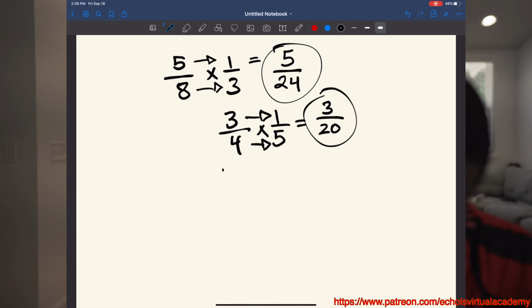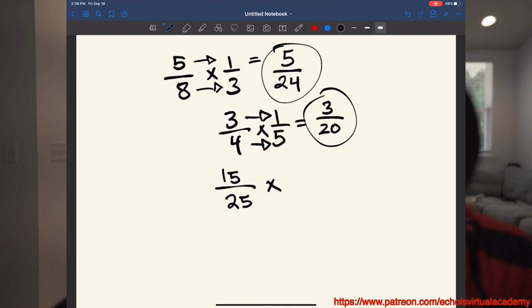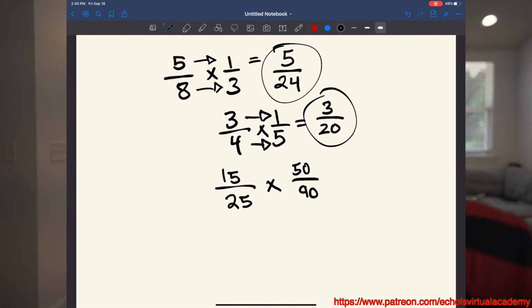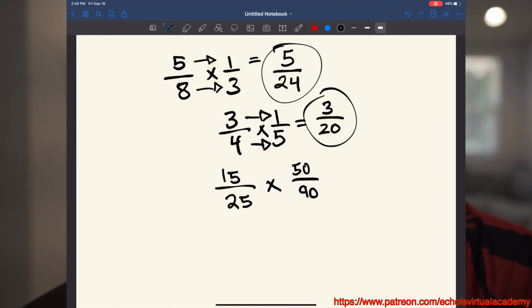How about 15 over 25 times 50 over, let's see, big number. How about 50 over 90? So now you're saying, oh my goodness, I don't want to do 15 times 50 and 25 times 90.